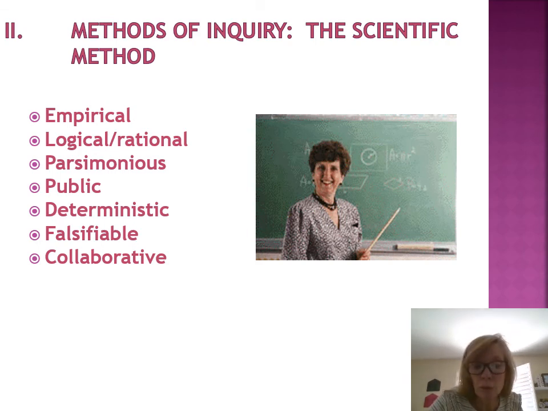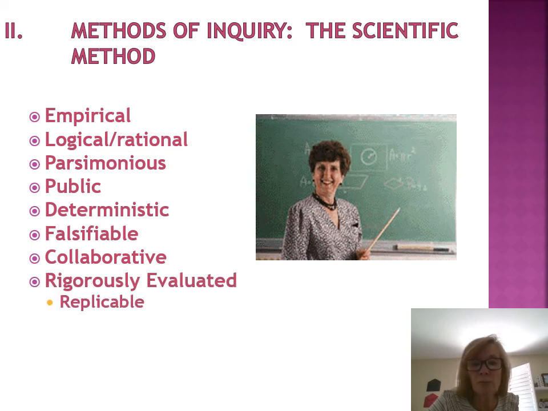It is collaborative. We work with other people, as I illustrated in that tricky tracks exercise we just did. Better explanations come about when you work with other people. The scientific method is rigorously evaluated, is replicated, it is scrutinized, it is questioned. Science is never settled. But it is also tentative.